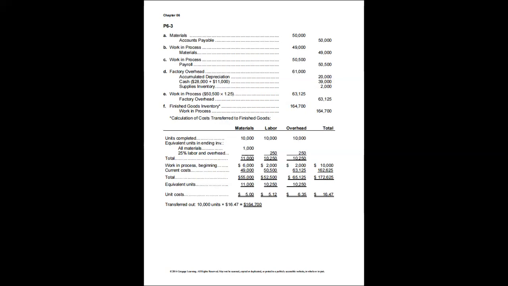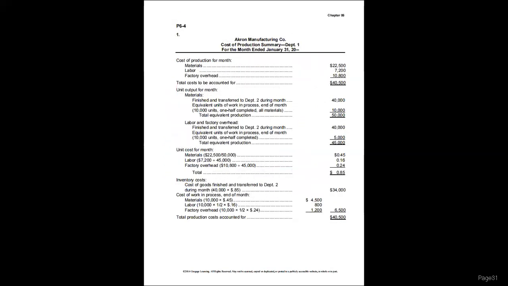Transferred out is 10,000 units for the units completed multiplied by 16.47. So that's our debit to finished goods and credit to work in process for our entries in 6-3. Next, we go to 6-4.